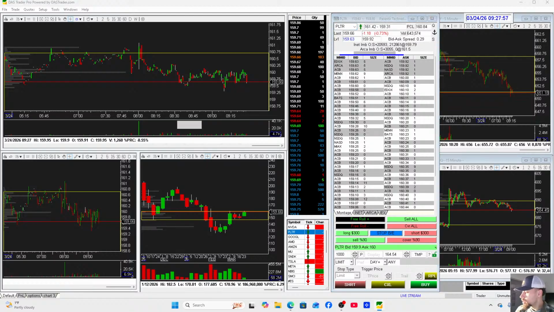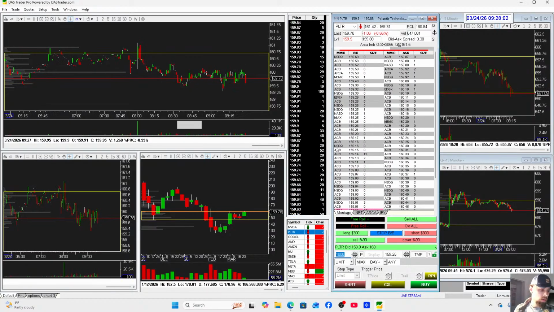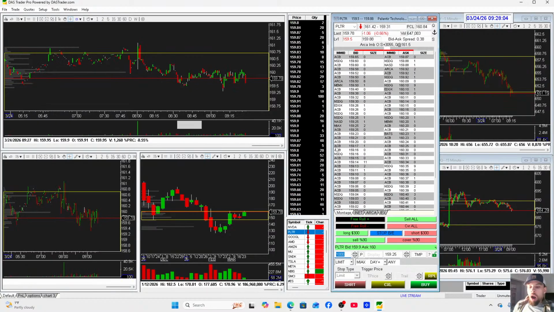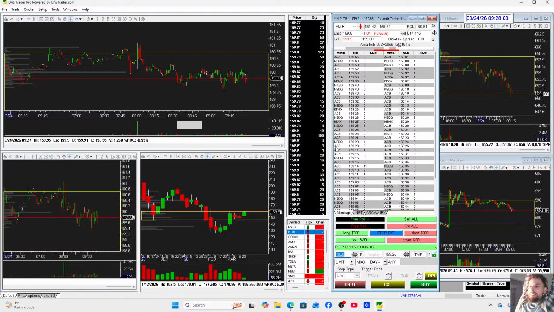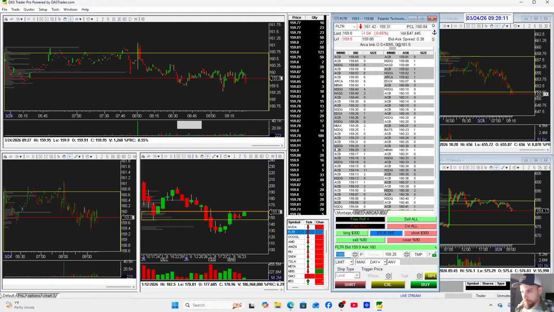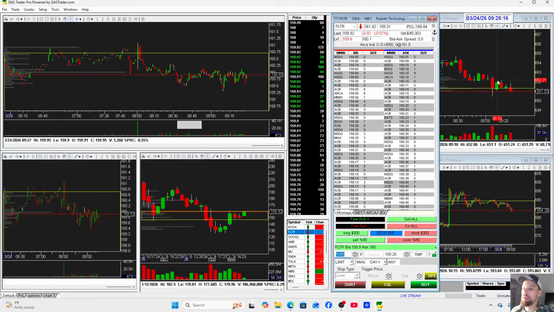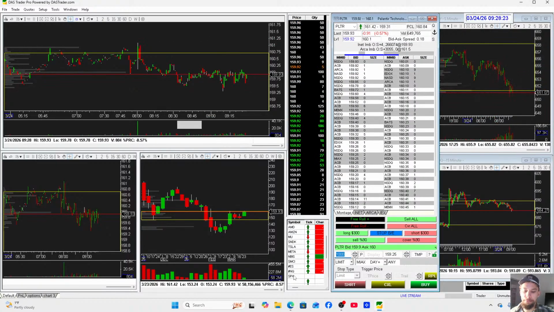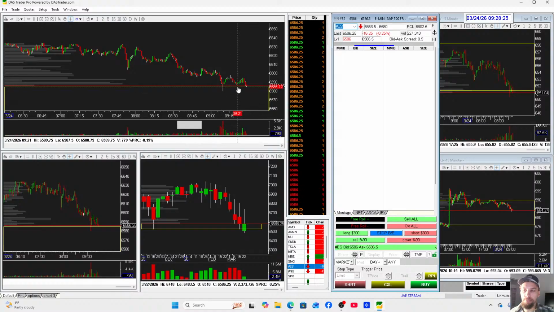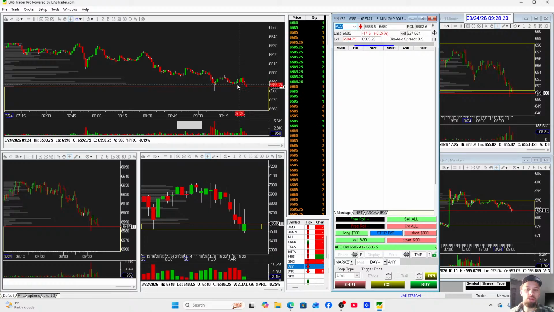$160 being a pretty significant area of resistance. SPY is already losing a significant area of support there, so here's ES.